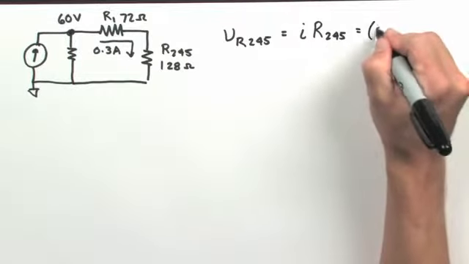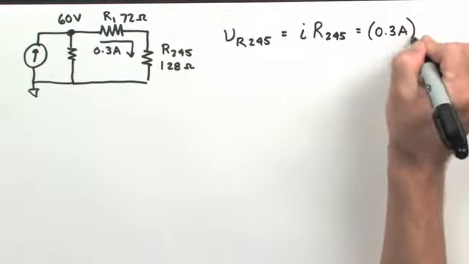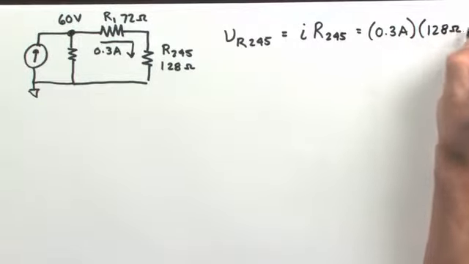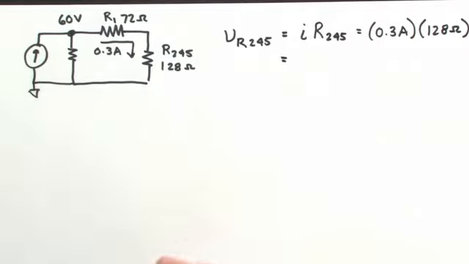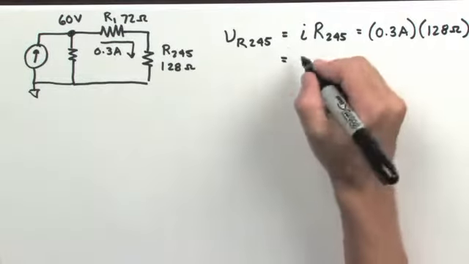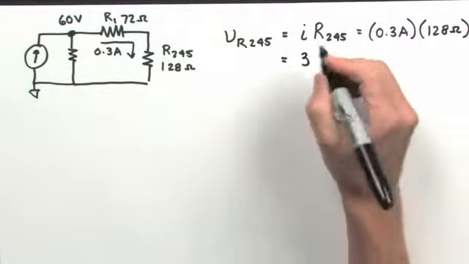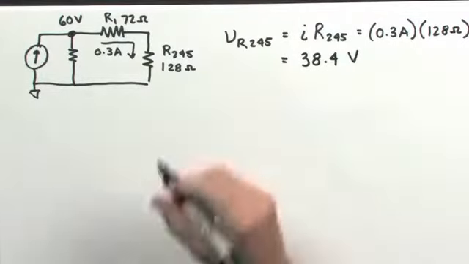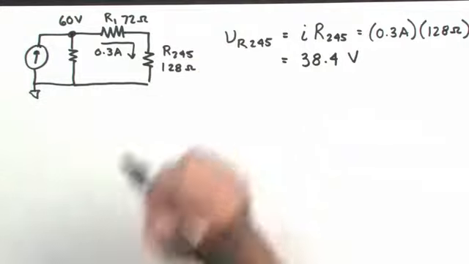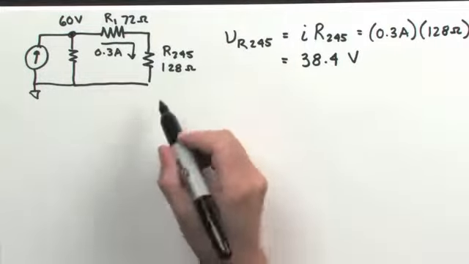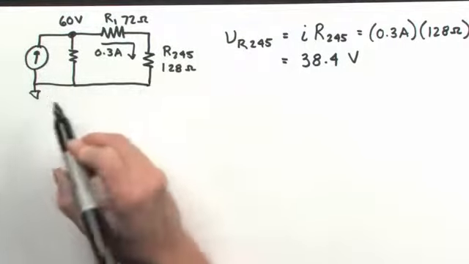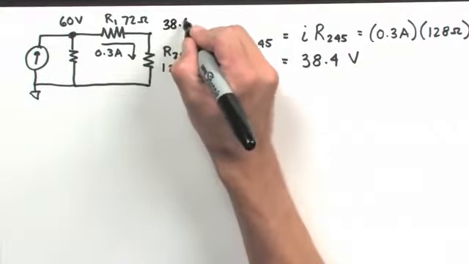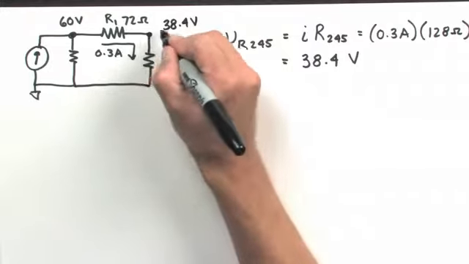I know that the current is 0.3 amps, and I know that the equivalent resistance here is 128 ohms. So that leads me to a potential across that resistor of 38.4 volts. So that means across this equivalent resistance of R2, 4, and 5 with respect to ground, we have 38.4 volts worth of potential developed.